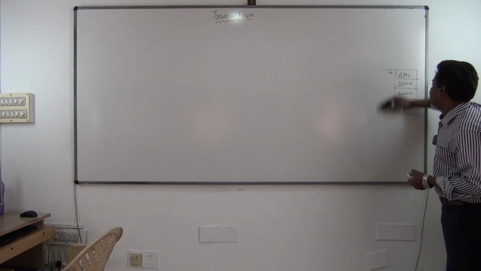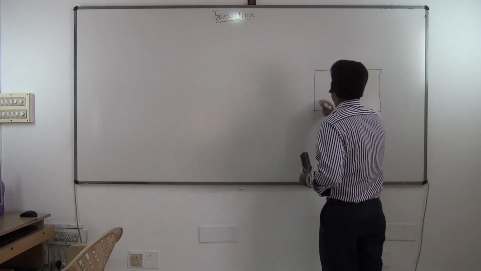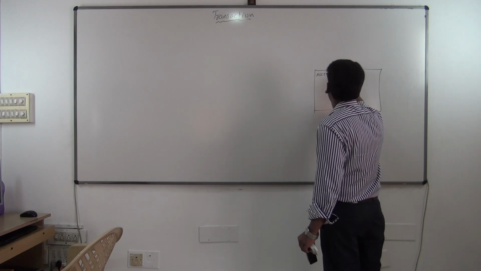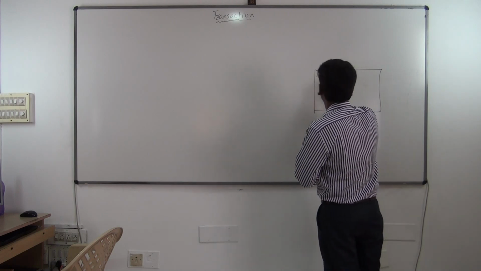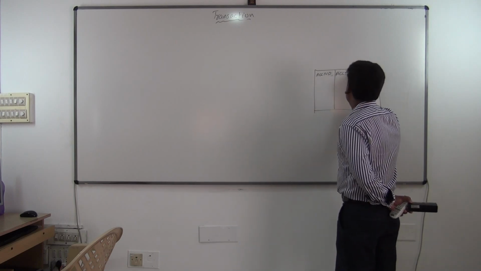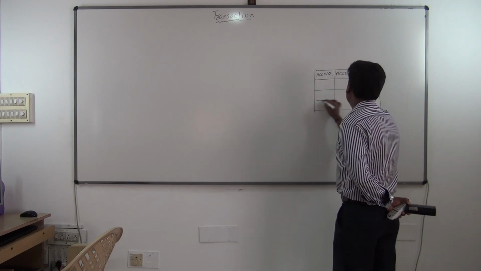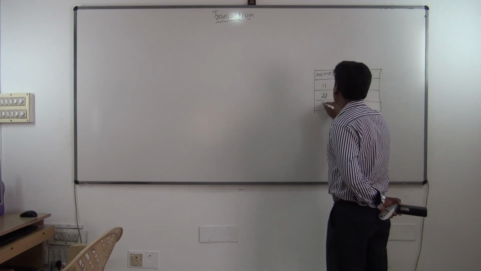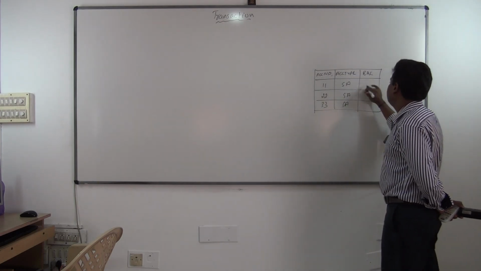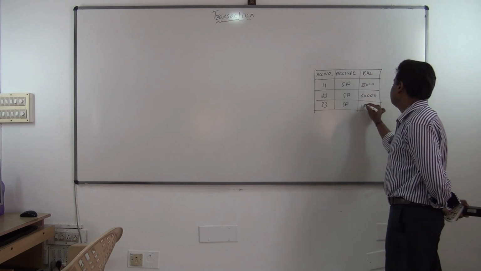Account number first. All are savings accounts, and here we have 35,000, here 60,000, and here 15,000.